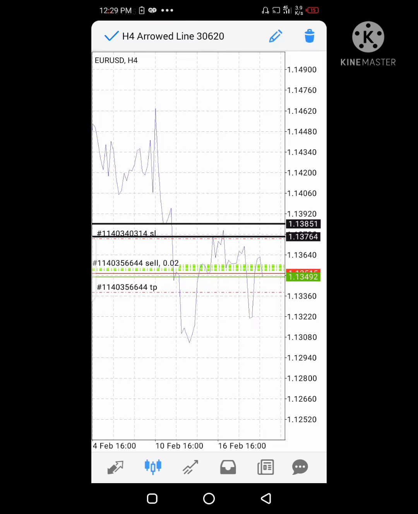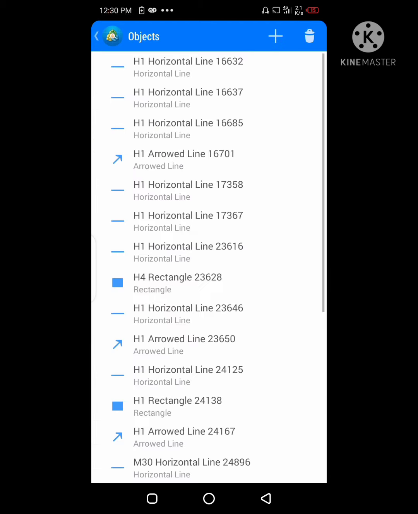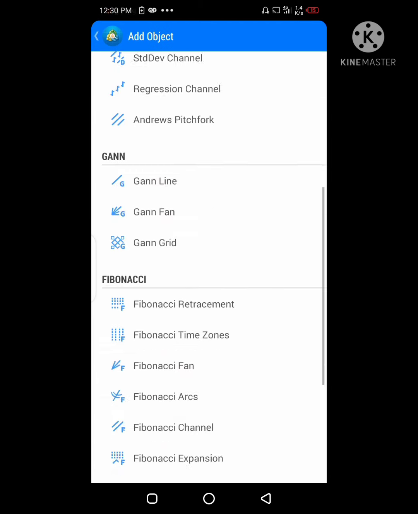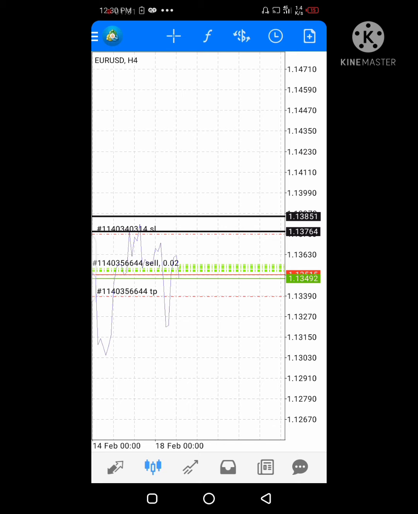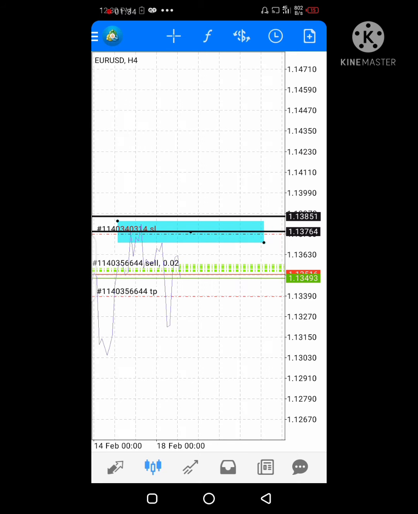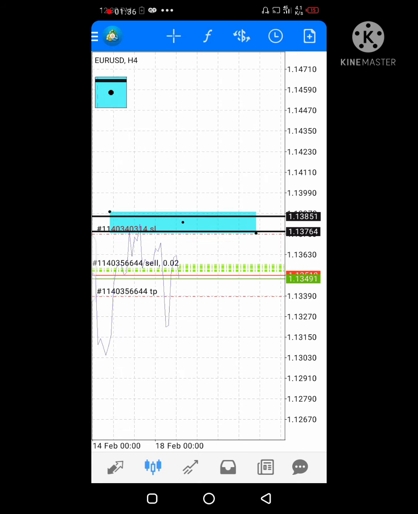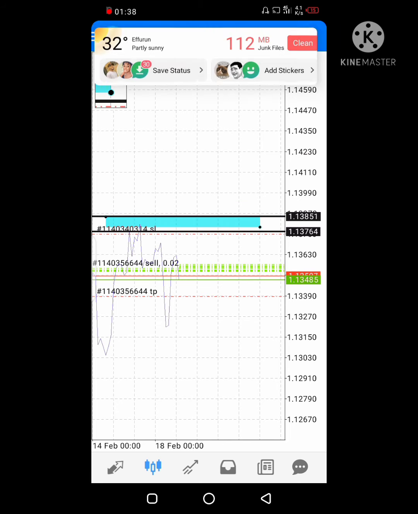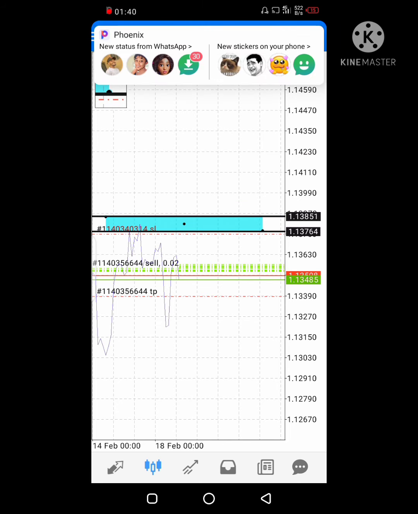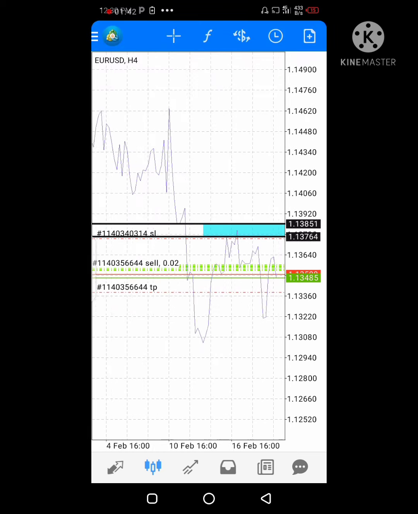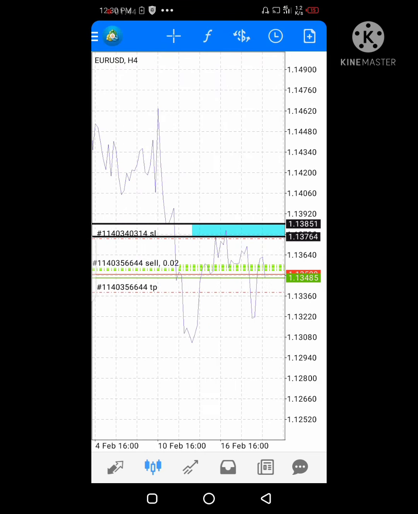Okay, I'm going to tell you why. I'm just going to mark that place. So this area is meant to be our entry, and I'm going to tell you the reason for that.